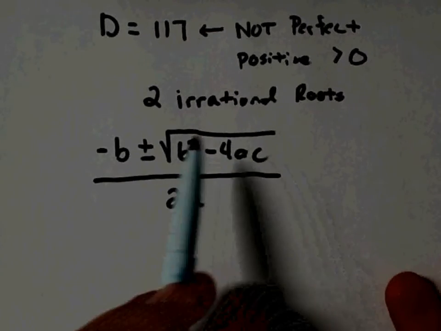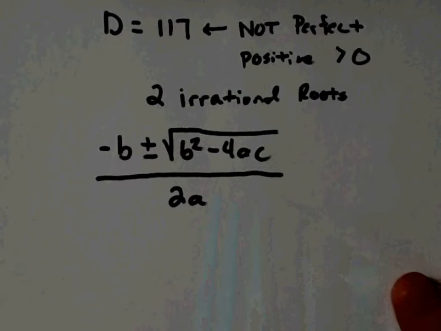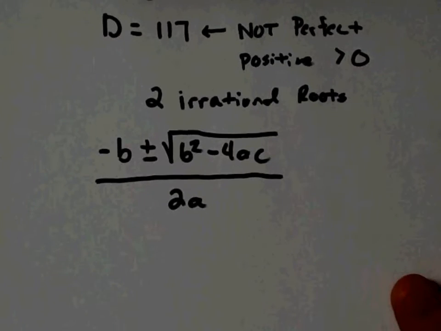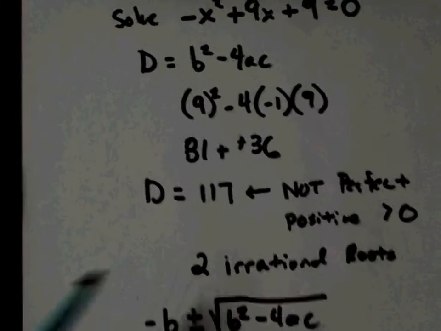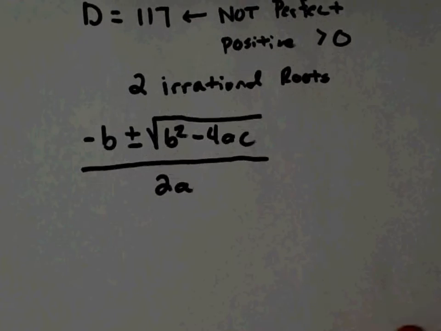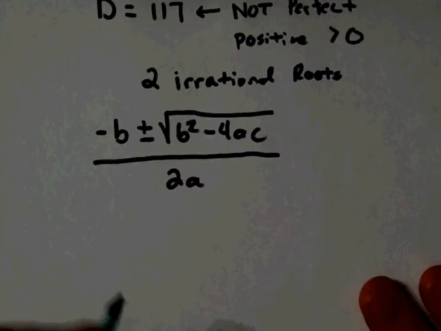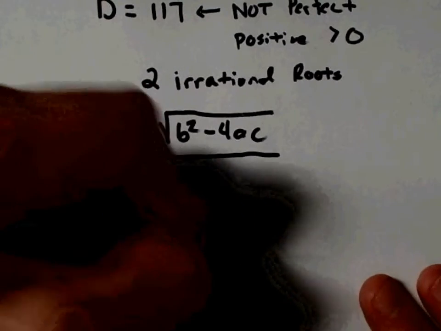This right here is the same thing as what? What is b squared minus 4ac? It's the same thing as the discriminant. So I can take the 117, all that work that you think you're doing for nothing, and I can plug it in. All right, and so my plus or minus the square root of 117 can go right there.